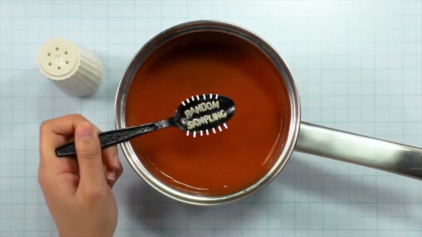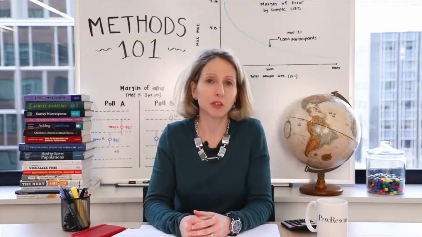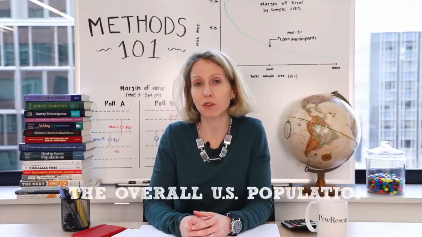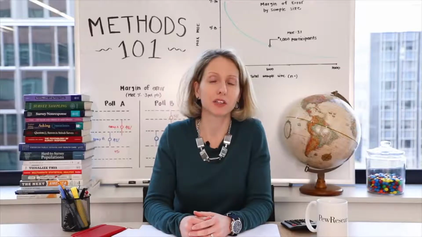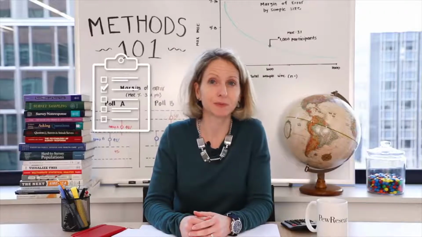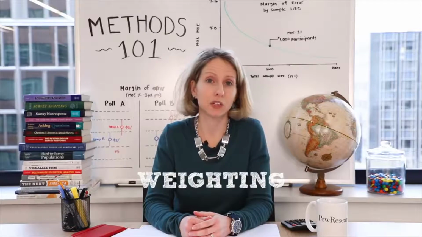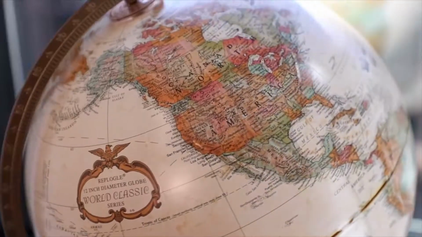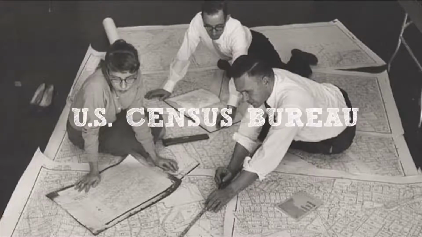That's random sampling. So once you have your random sample, how can you ensure that it actually represents the overall population? A sample could differ from the overall population because some people are more likely than others to take surveys. So pollsters use a standard technique called weighting to adjust for differences. We know the demographic composition of the United States thanks to data from the U.S. Census Bureau.